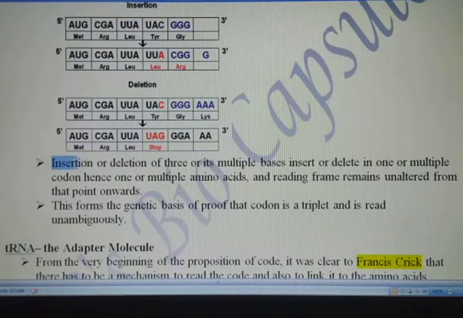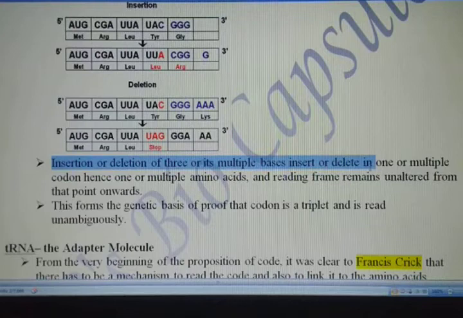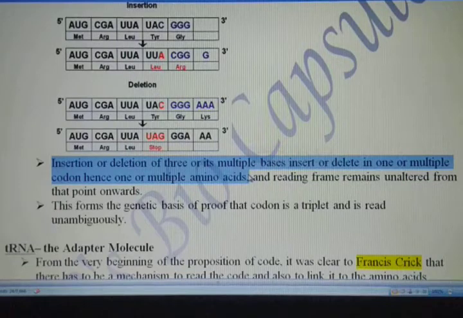Check this point. Insertion or deletion of 3 or its multiple bases, let us say 3, 6, 9 bases, is inserted or deleted. In that case, let us say deletion has taken place. So the amino acid for which that particular codon was responsible to code is going to be deleted, and the frame is going to remain.